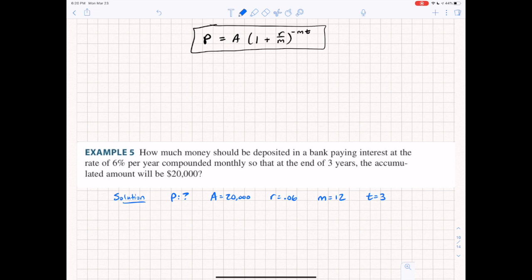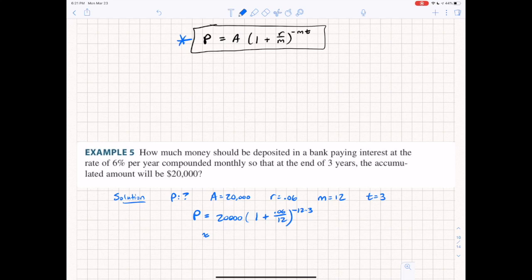So now I'm going to plug this into my new present value formula. So P is going to be equal to 20,000 times (1 plus 0.06 over 12) to the negative 12 times 3. And then I'm just going to use a calculator to compute this.